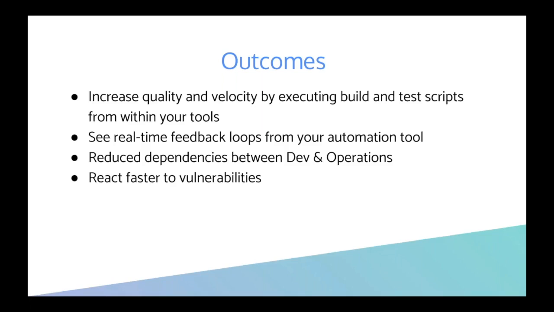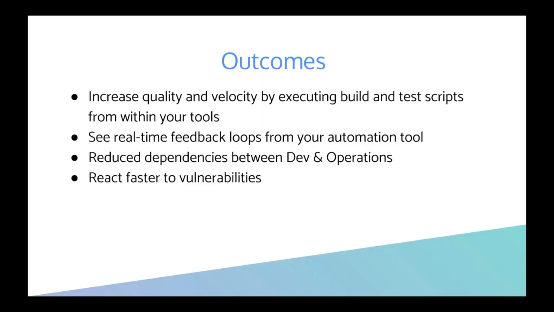We have a lot of information that's in these applications, these silos, and the objective is to get this information out and make it more generally available to all of the other teams involved in the process. We also want to reduce the dependencies or make it more efficient for the different teams to work together.